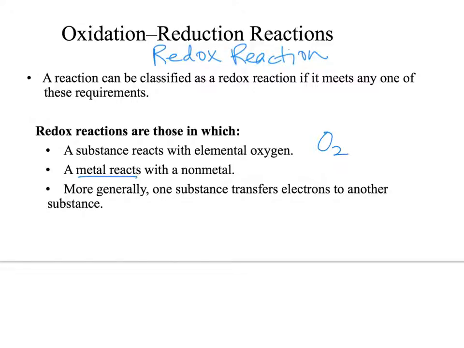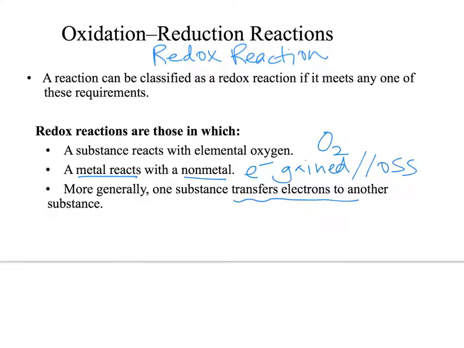When you have a metal that reacts with a nonmetal, so that electrons are either gained or lost, then that's another way to identify a redox reaction. That again is the idea that we're transferring electrons from one substance to the other.